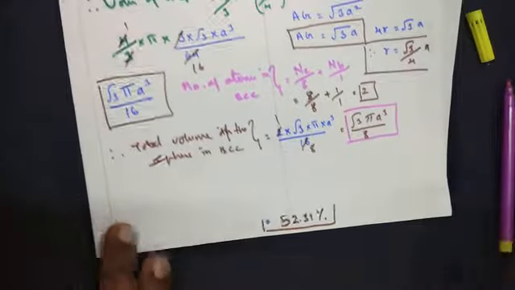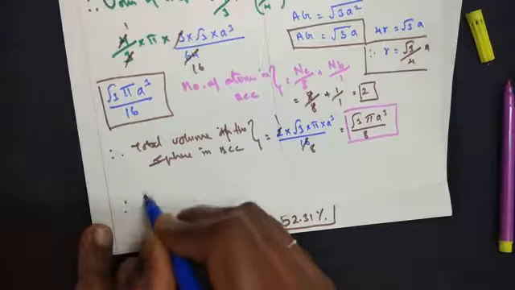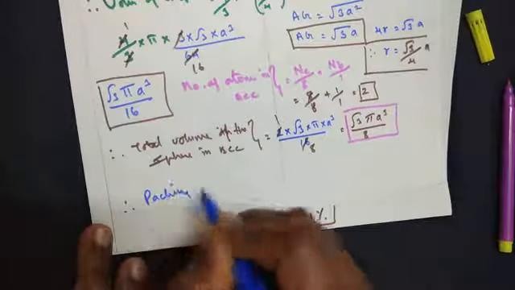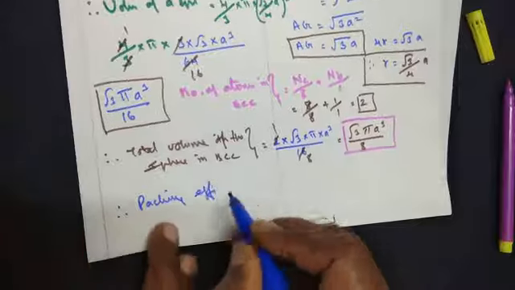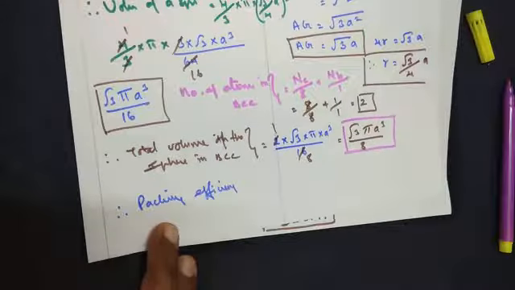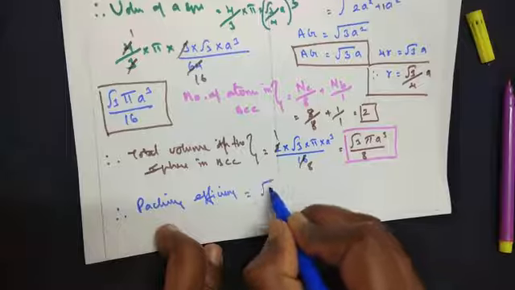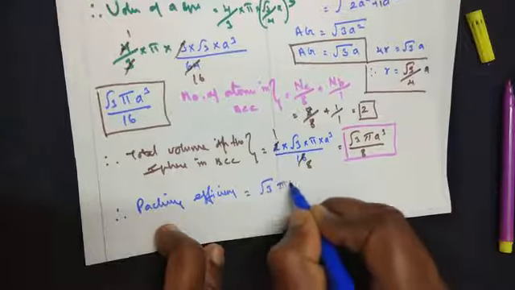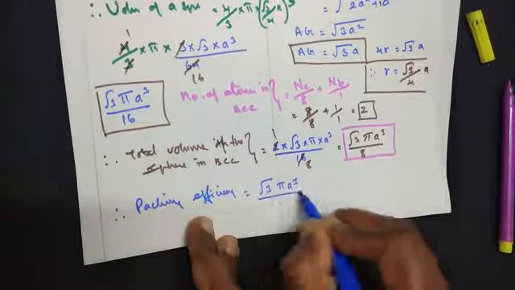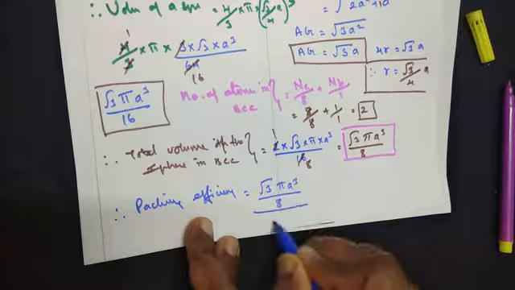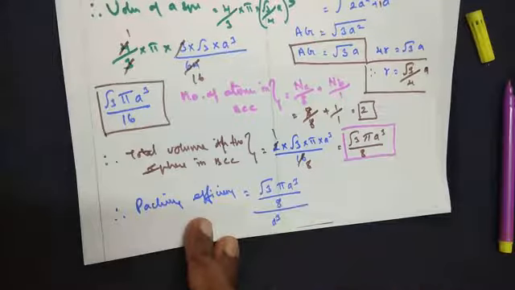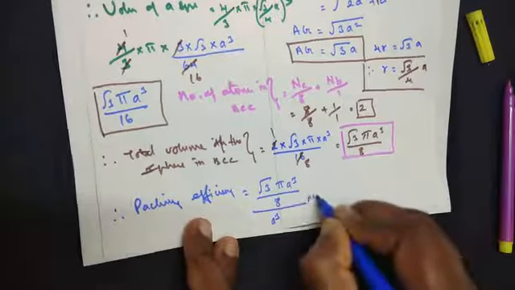So this answer you substitute. Therefore, packing efficiency is equal to the total volume that you have got, square root 3 pi A cube by 8, by volume of the unit cell, which is A cube, into 100.